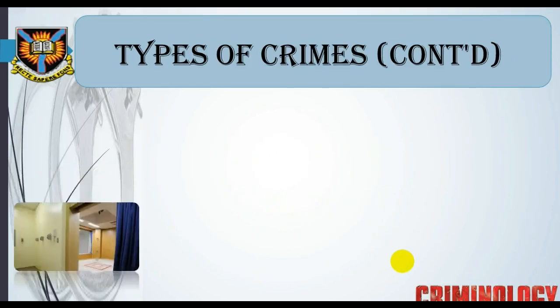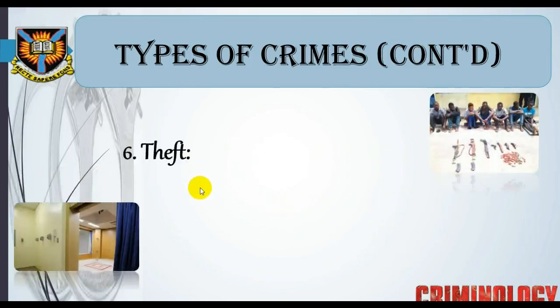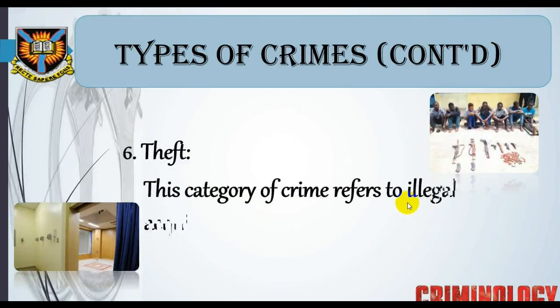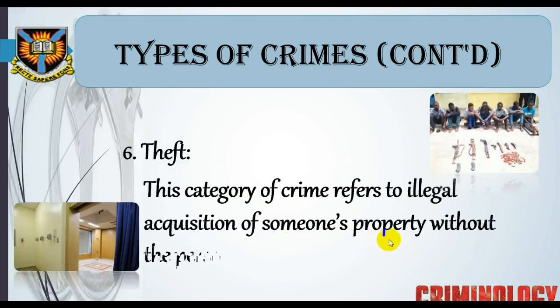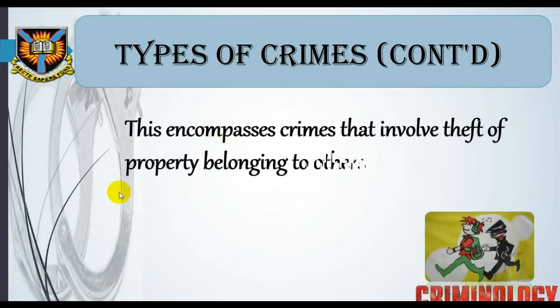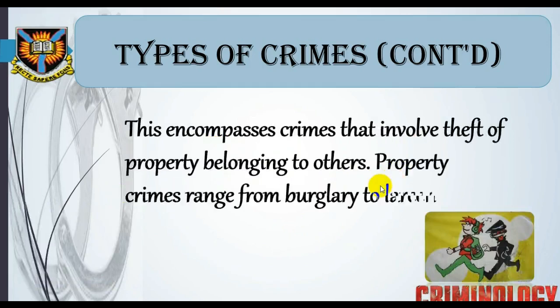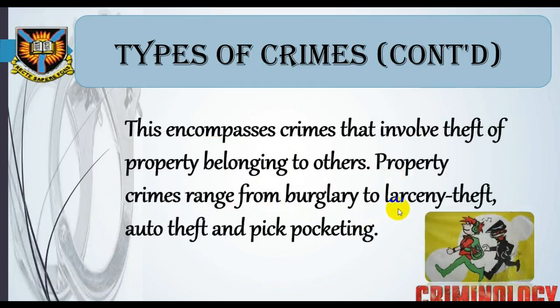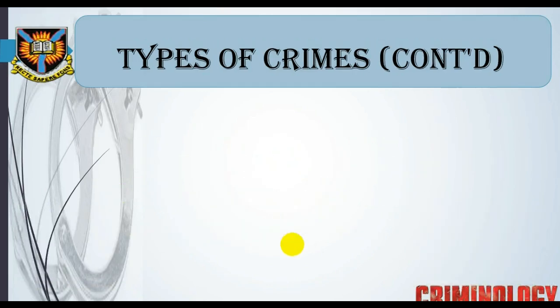Theft. This category of crime refers to illegal acquisition of someone's property without the person's consent. This encompasses crimes that involve theft of property belonging to others. Property crimes range from burglary to larceny theft, auto theft, and pickpocketing.